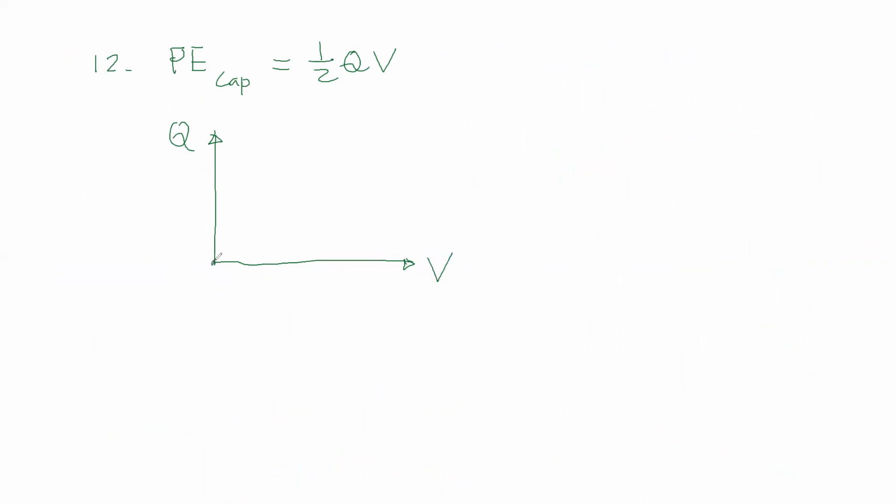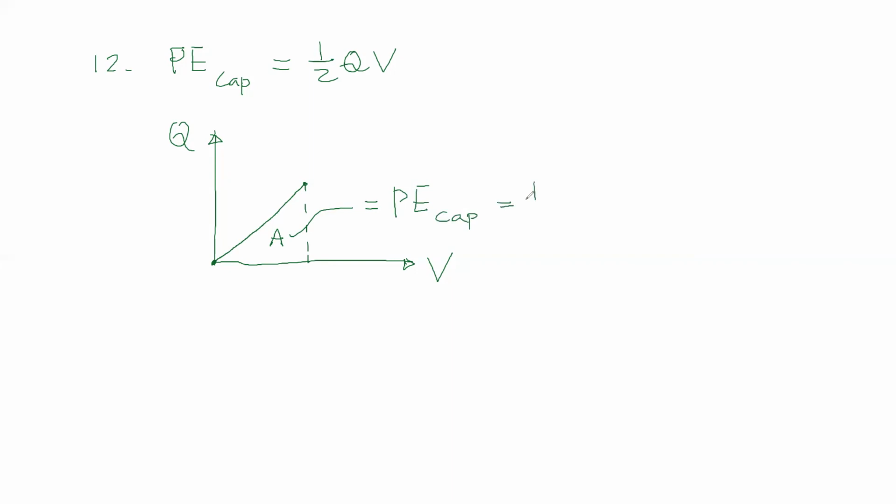As you start to charge, this Q will increase from 0. It's going to start increasing as V is kept constant there. And by the time you saturate it, you will have this area here. This area is equal to your potential energy that's stored inside the capacitor.